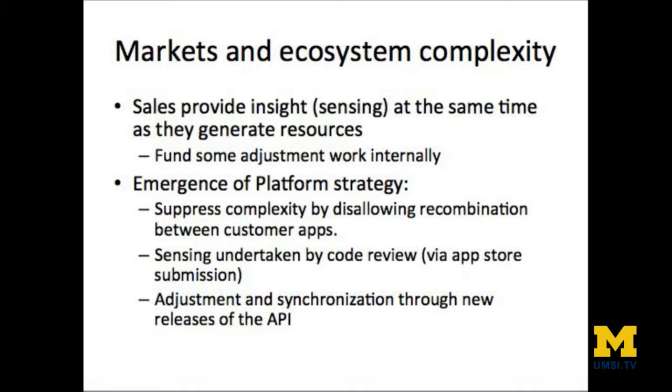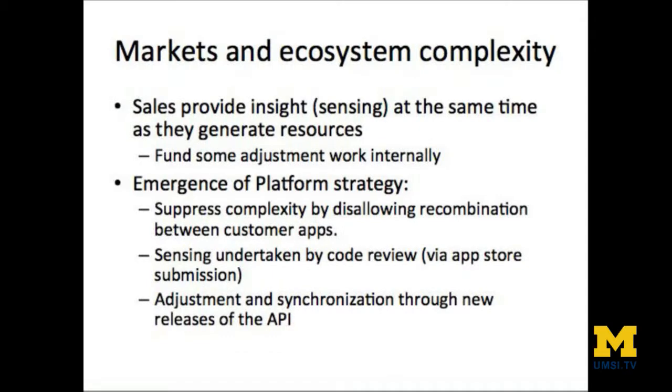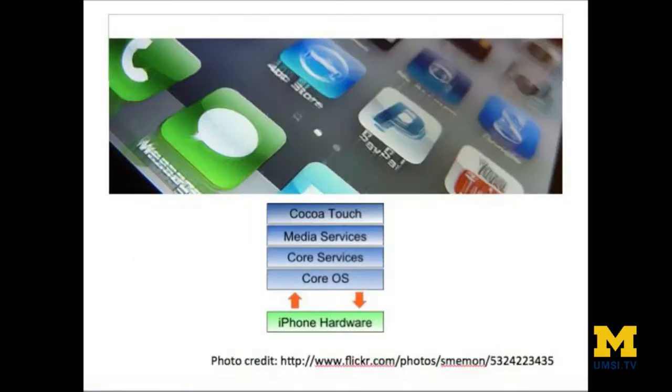And so instead of a multi-linked, interdependent network that's generating these things, you have something that's much more structured. So I'll jump forward. You've got all these apps up here that all rely on the iOS platform, and Apple can control the speed at which it changes that platform. And so that enables them to do synchronization.